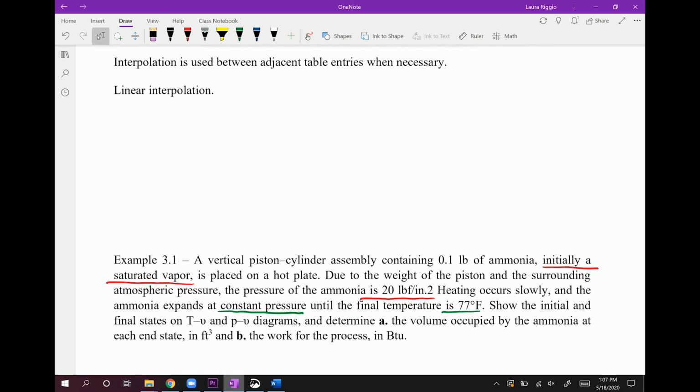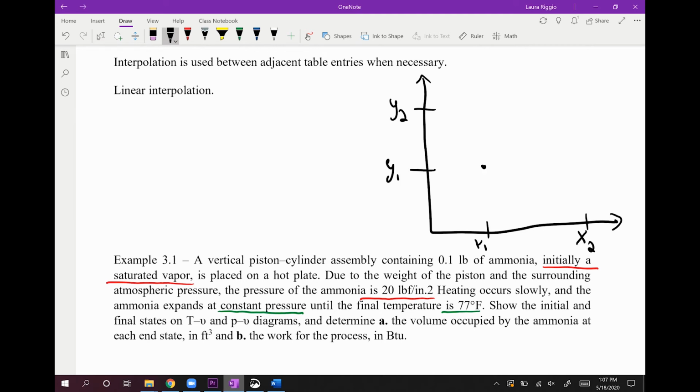So what happens if you're looking for an entry in your tables and it's not there? In that case, you're going to have to use linear interpolation. Linear interpolation is based on the slope of a straight line. Here's my point x1, here's my point x2, I have a y1 and a y2.